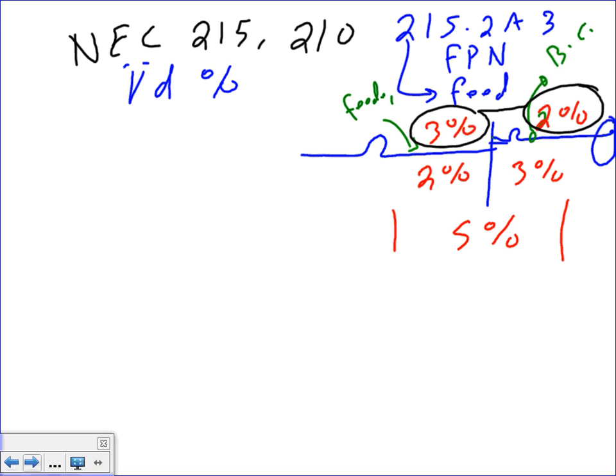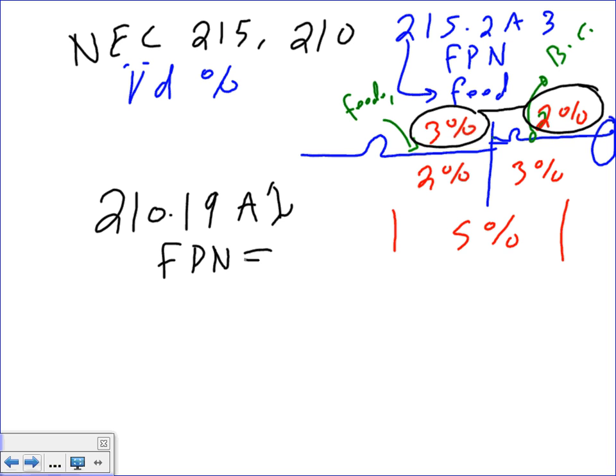Let me put the article. So we got this, guys. Also another article that you need to go to is 210, this is for the branch circuits. 210.19(A)(1), and right under 1, you're going to find fine print note number 4.